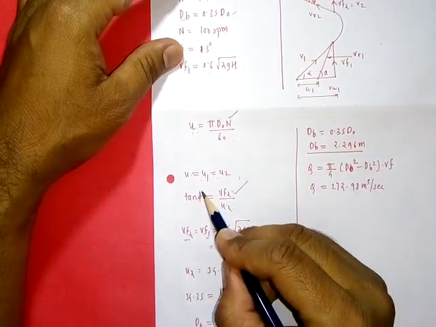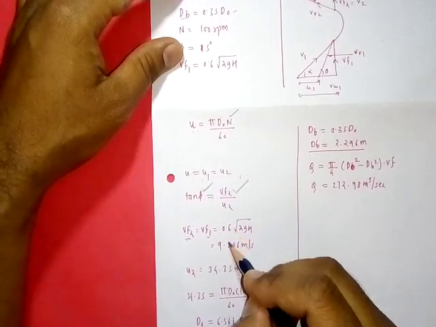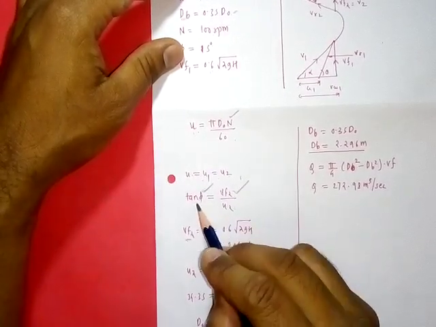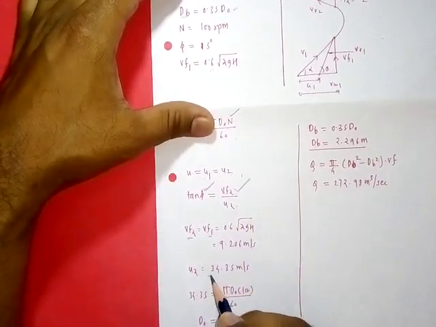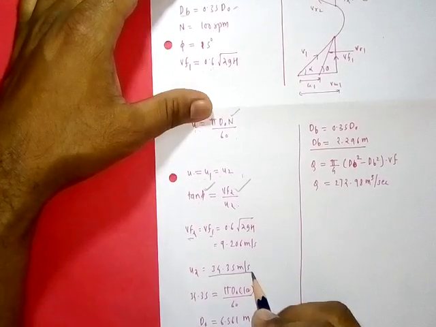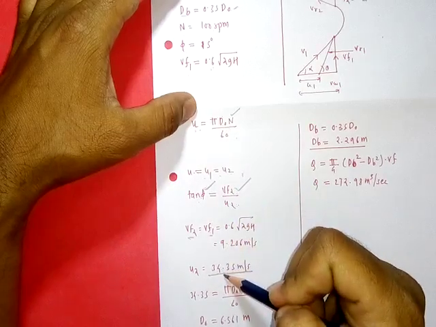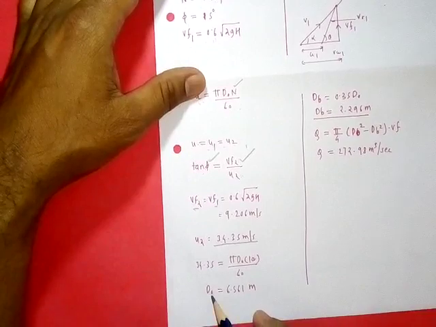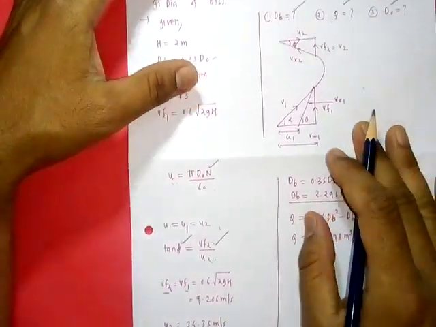Then phi is given, so we get tan phi directly. Knowing values of vf2 and tan phi, we get the value of u2 easily, and this is coming 34.35 meter per second. Now to find out do, the outer diameter, put this u2 value in this equation. We will get the outer diameter as 6.561 meter.